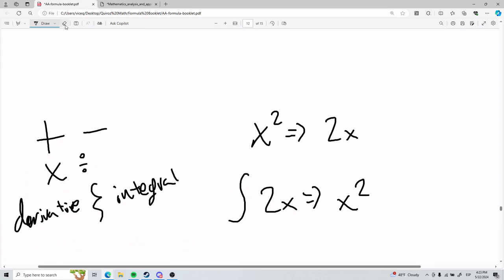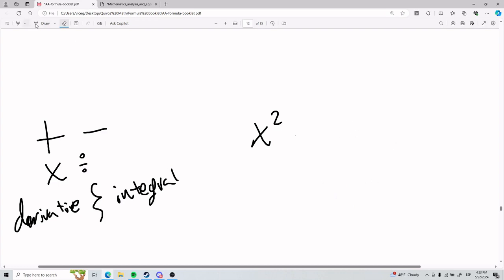Imagine I'm doing the same exercise, just that instead of x squared, you have x squared plus 420. So if you do the derivative of x squared plus 420, you end up with 2x. Whenever you do the derivative, the constant, boom, disappears.